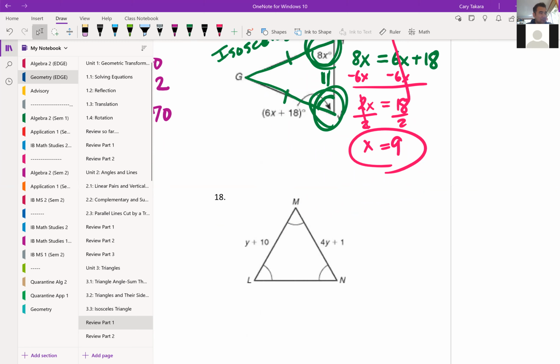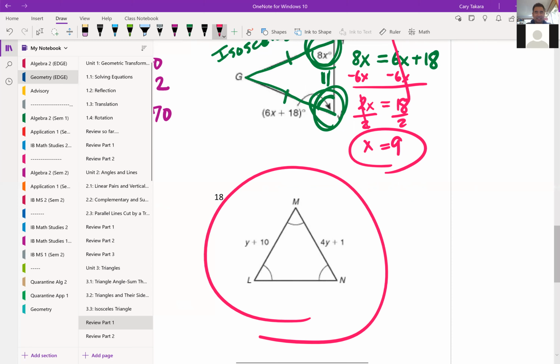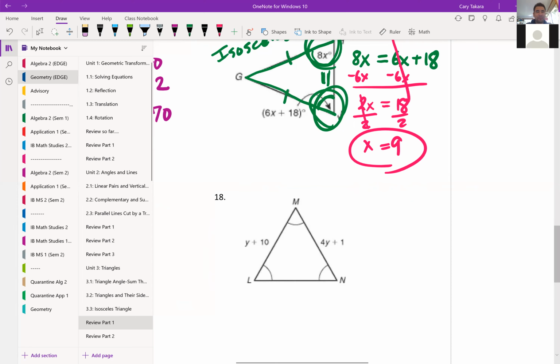Let's work on the last question, number 18. Now, what kind of a triangle is this? Does anybody know how to spell it? Number 18. What kind of a triangle is that? It's called, very good, Logan.